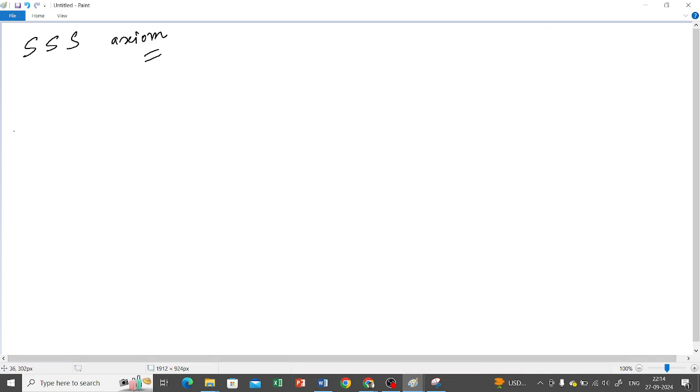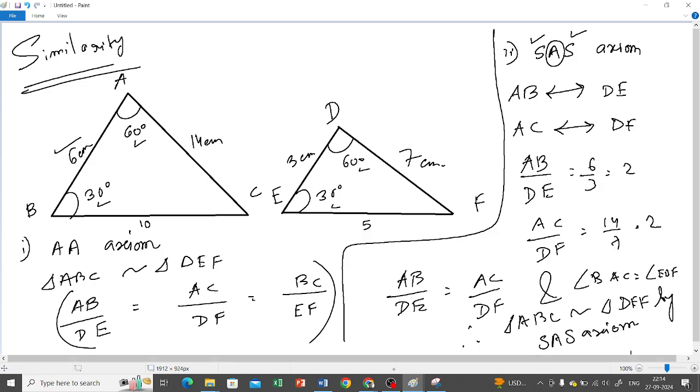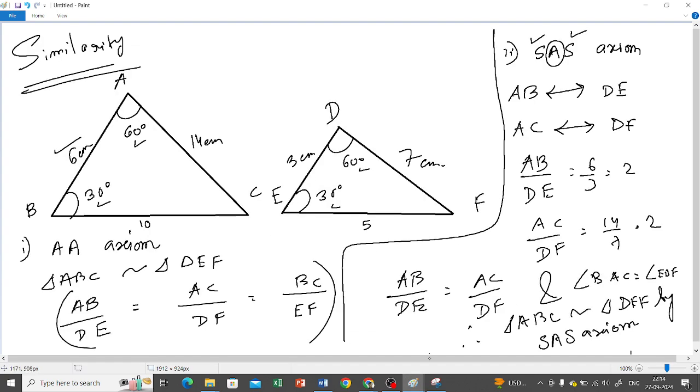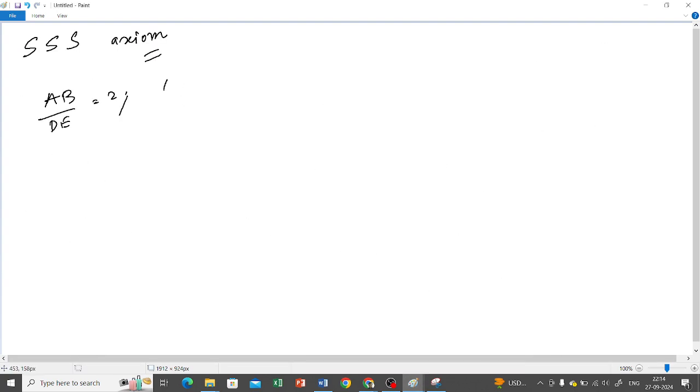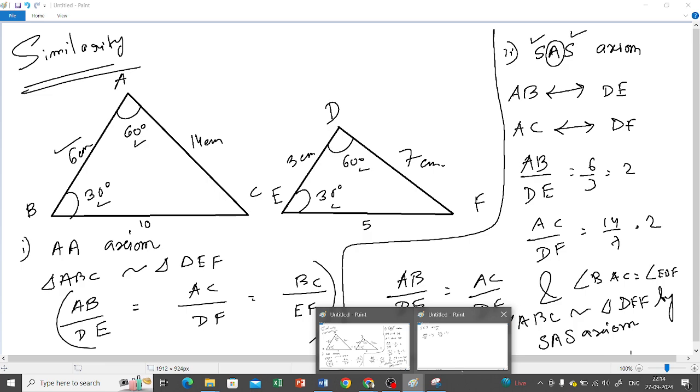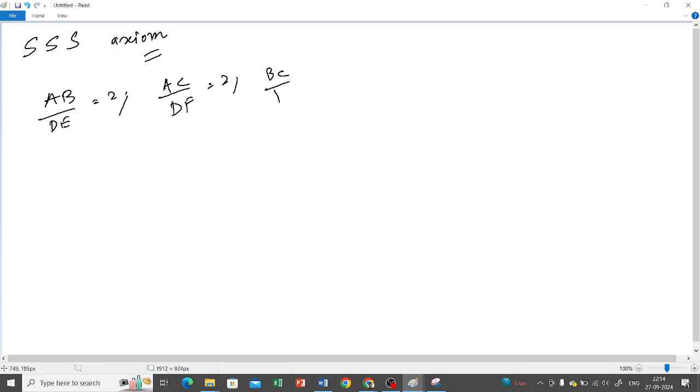Now you see, AB by DE is 2, AC by DF is 2, BC by EF is 2. That means the two triangles are similar by the SSS axiom.